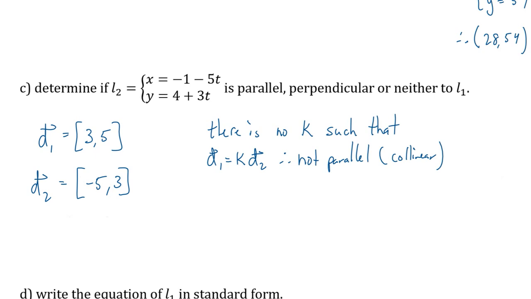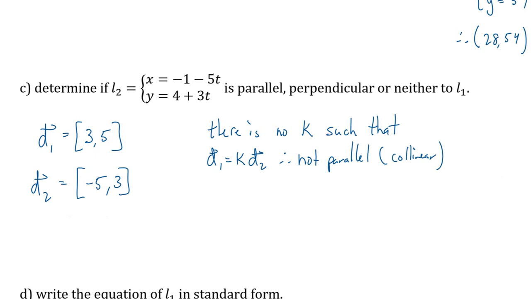Now, what's the thing that tells us if two vectors are perpendicular to each other? And this will work in two space. The dot product. And this is why everything we did in the last unit is so important, because we need to know, and we need to know quickly and easily, what the cross product tells us, what the dot product tells us, what they're used for, how we use them, like what their actual formulas are.